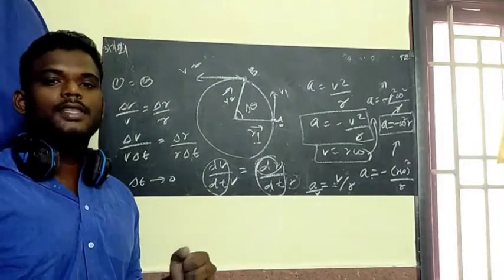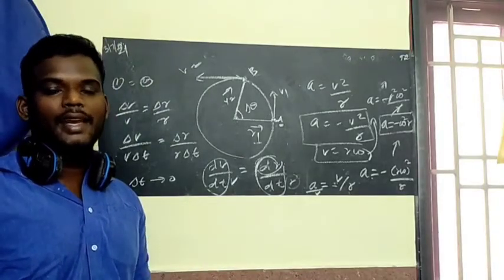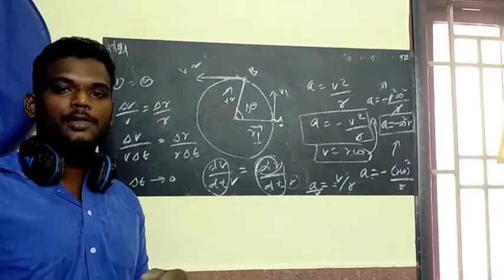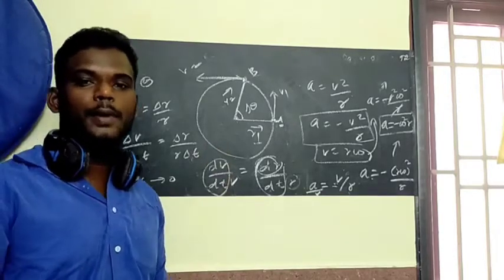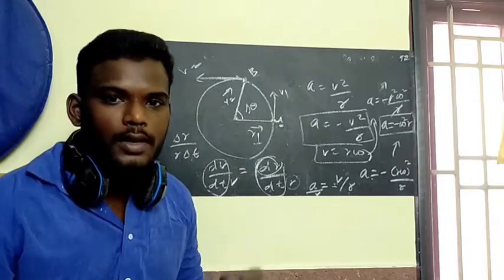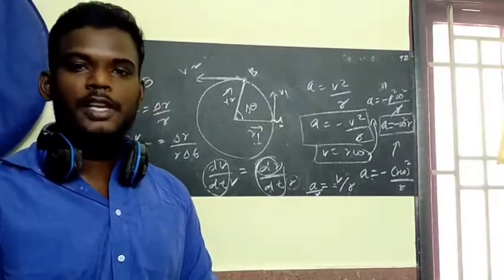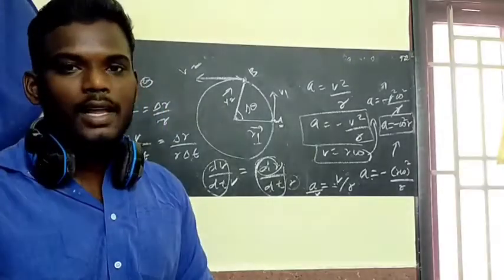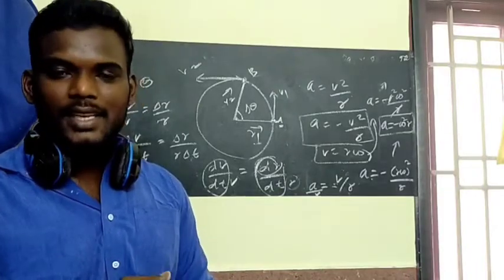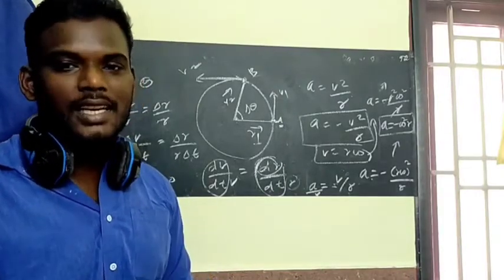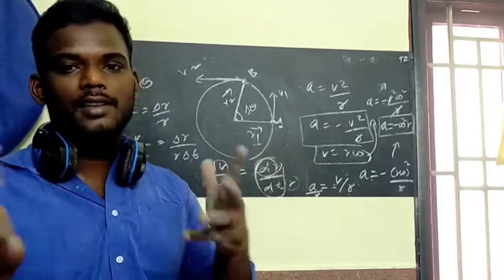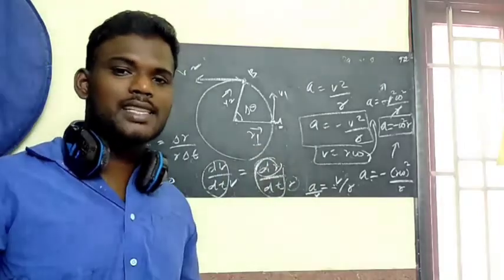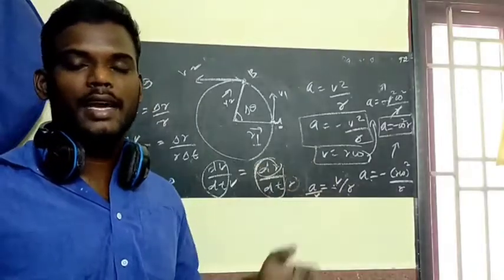So today we discussed what is meant by radian, and how we can express degree in radian, and also the plane angle. Then we discussed angular displacement, angular velocity, angular acceleration, tangential acceleration, and we derived the relationship between tangential acceleration and angular acceleration.